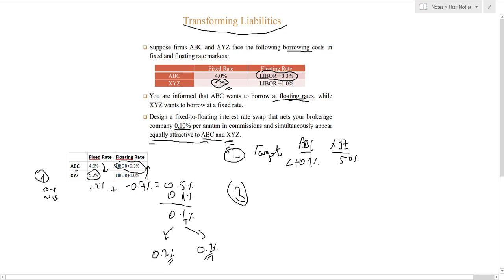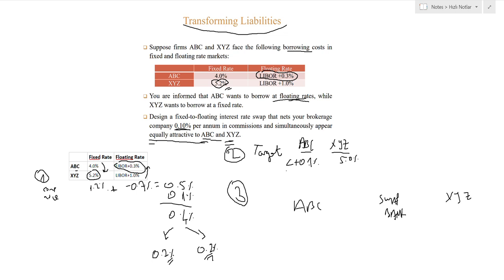The third step is to design a swap. Let's write ABC, the swap bank or brokerage company, whatever you say, and XYZ company. So the trick comes here. Again, I am underlining this sentence: we are transforming the liabilities, so we will borrow cost.